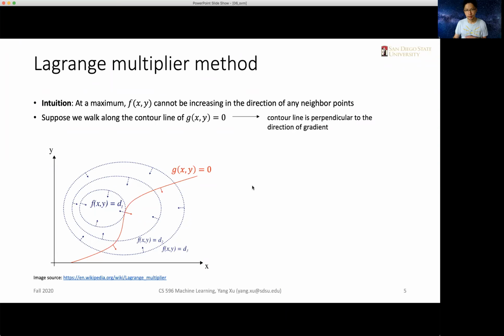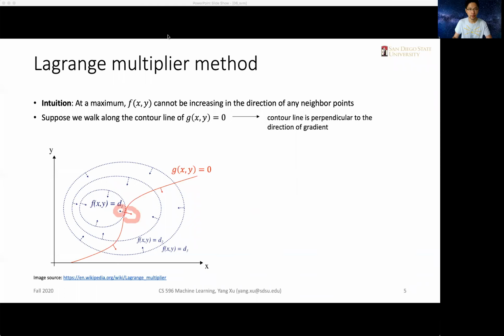A contour line is a direction that is perpendicular to the direction of the gradients. If you look at the arrows here, the dashed arrows are the gradients of the f function, and they are perpendicular to the contour lines.